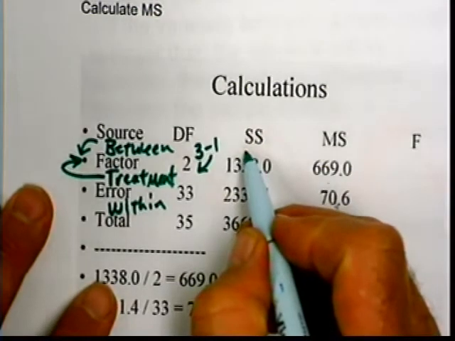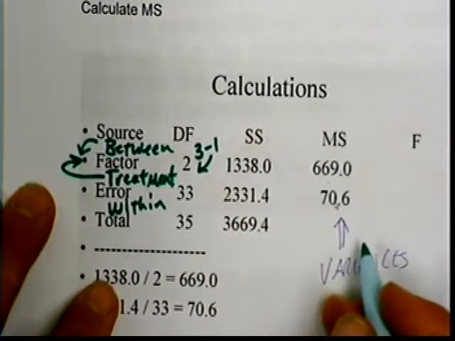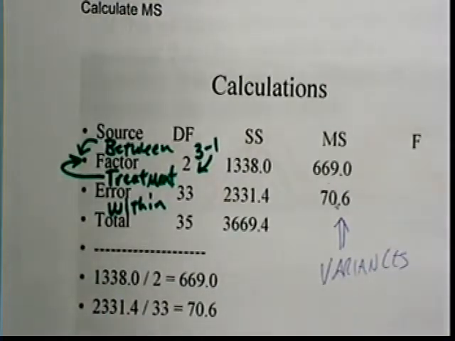Then SS was the sum of squares and MS was the mean square. So those were the points that I wanted to make at that point.